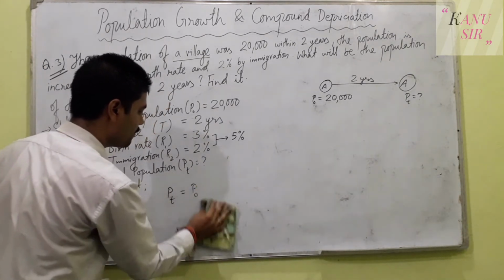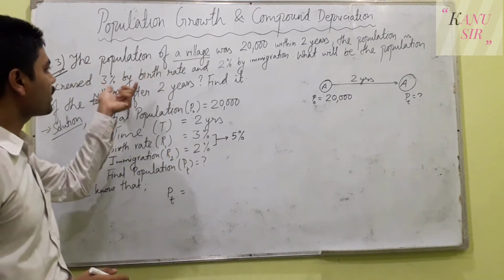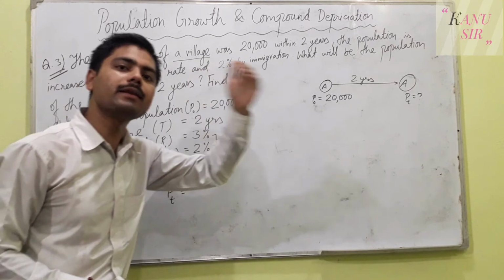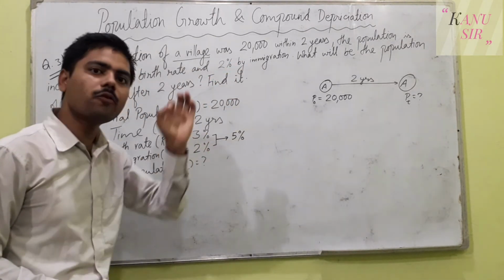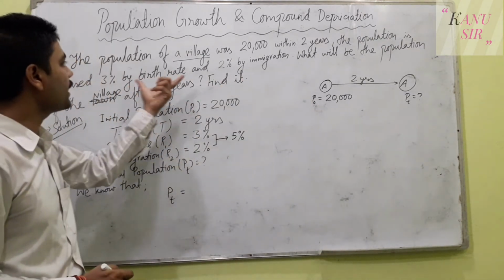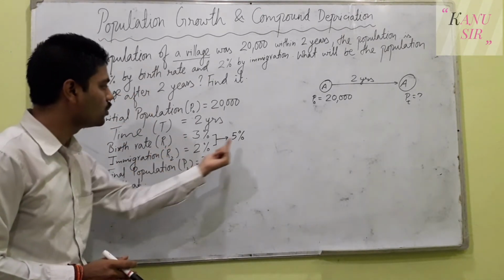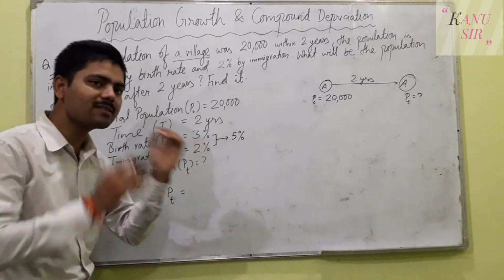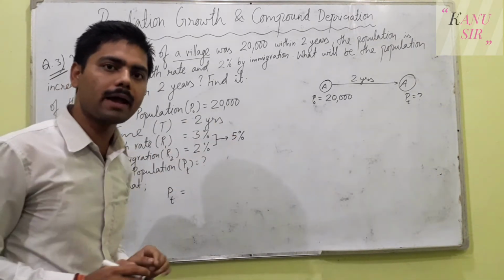We have to use the same previous formula, because the birth rate is 3% in the first year and in the second year also, and the immigration rate is 2% for the first year and second year also. So in total both of them symbolize a single rate of change, that is 3 plus 2, 5. So a 5% change of population takes place every year because of birth and migration.